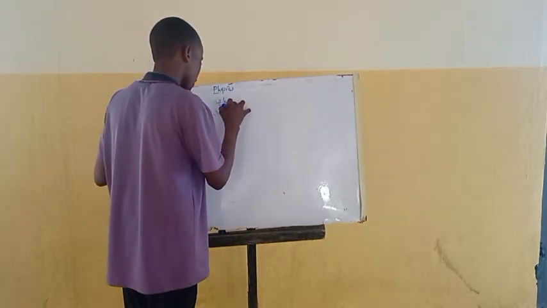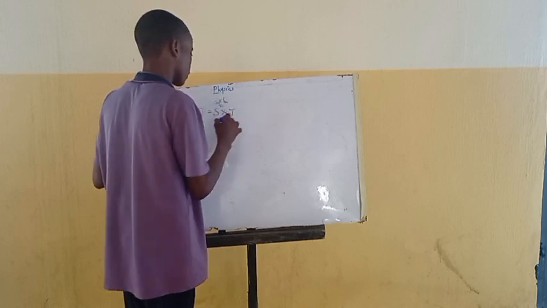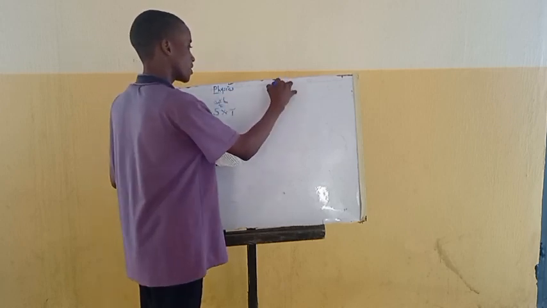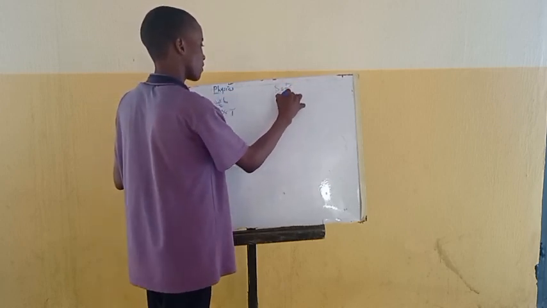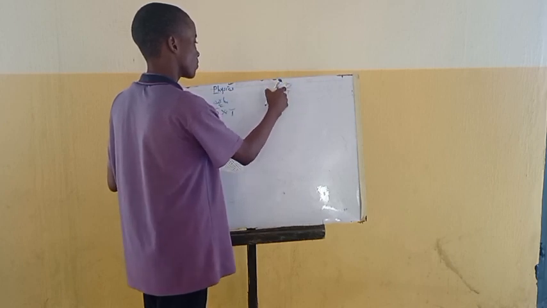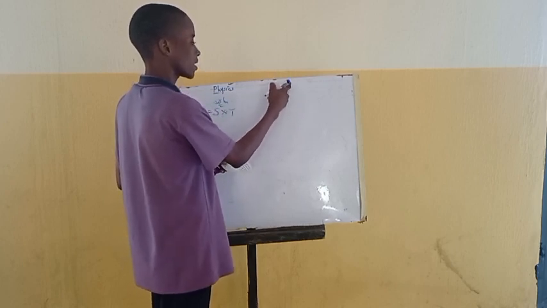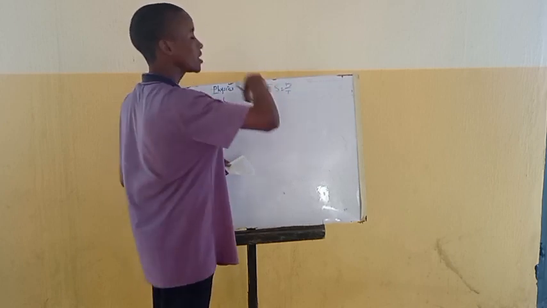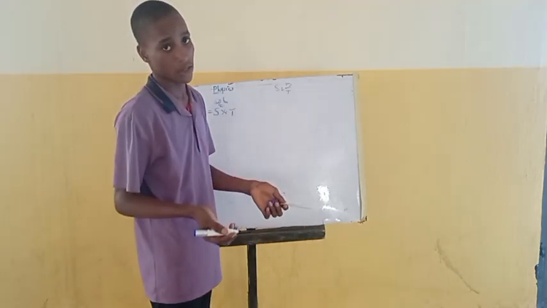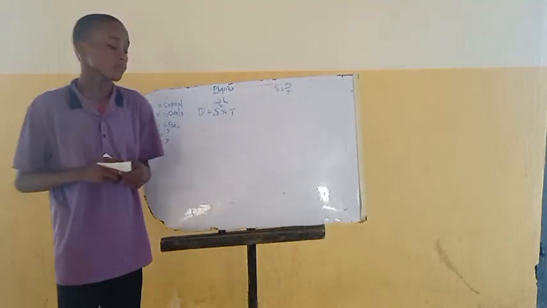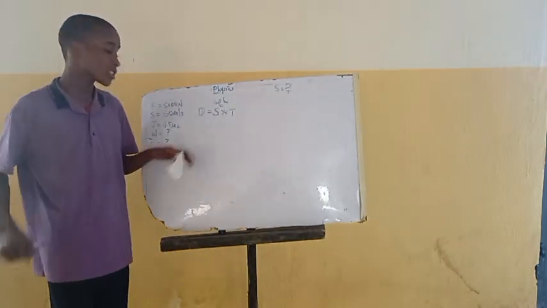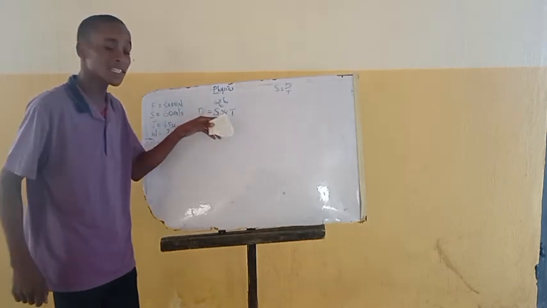Speed times time. Just the same thing, speed is equals to distance all over time. Distance is equals to speed times time, and time is equals to distance over speed. Okay, good.